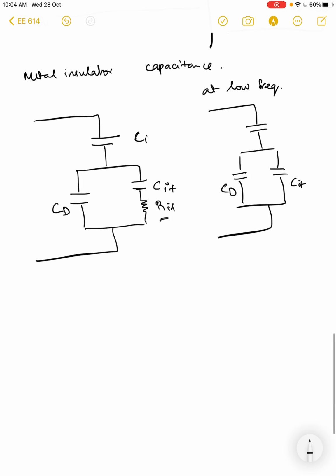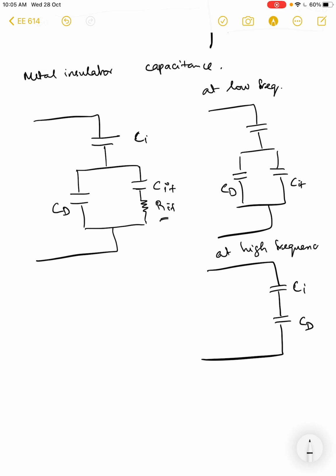And at high frequencies it will look like this. Why? Because at high frequencies the trap densities do not change as fast as the applied fields, and hence you have only the insulator and the depletion width in consideration. Of course, here you have to look at what the applied potential is, whether we have the charge at the interface or not, and all those things.